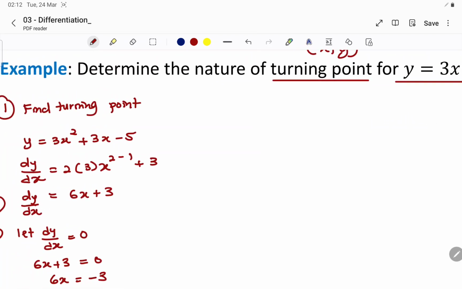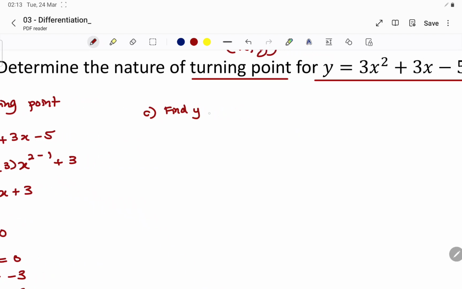So next step, step C, find y. How? You have x equal to negative 1 over 2. So when x is equal to negative 1 over 2, y is equal to 3 multiplied by negative 1 over 2 squared, plus 3 multiplied by negative 1 over 2, minus 5.